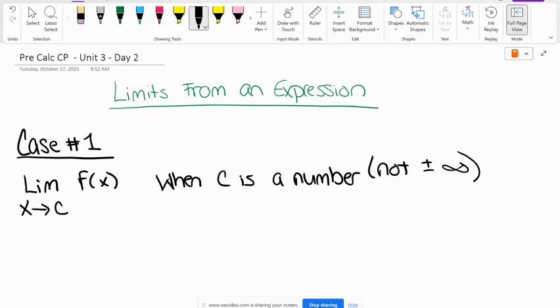Whenever we have the limit approaching some number, the first thing you're going to try is to plug the number into the expression. So an example would be, part A, we're going to try substitution first.